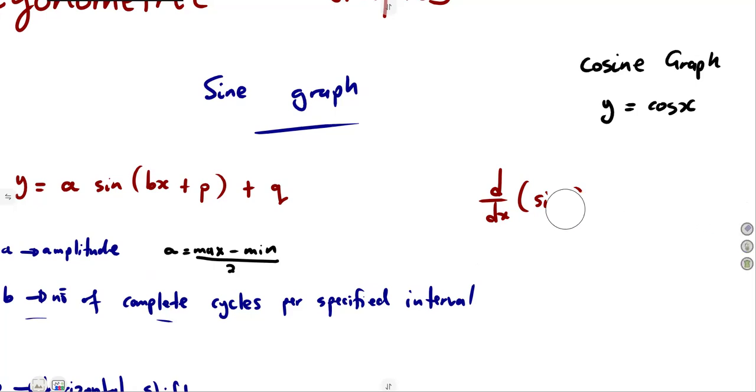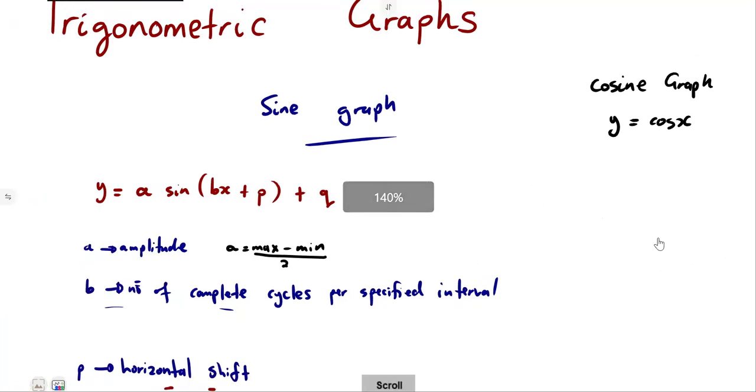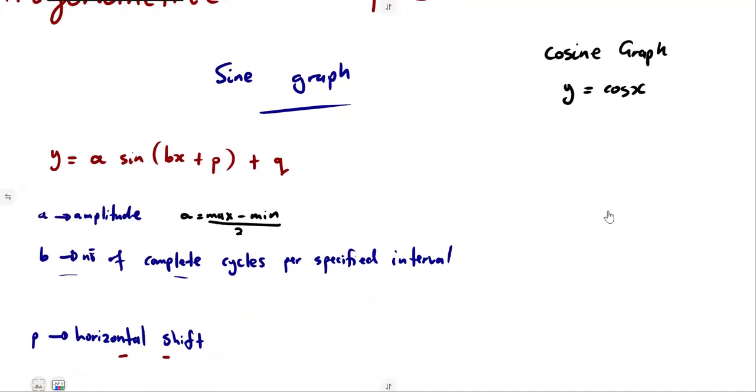So meaning to say, the graph of cos is simply a derivative of the graph of a sine, with the same effects just as before.